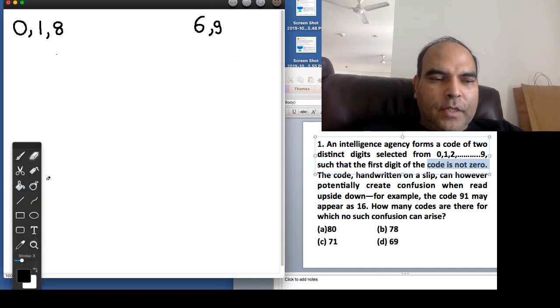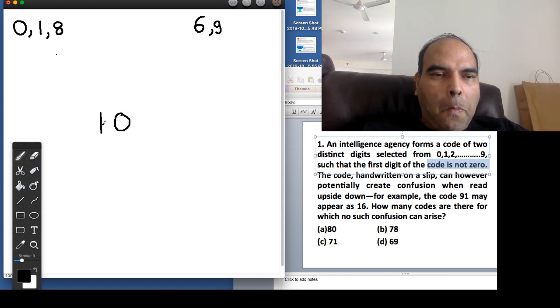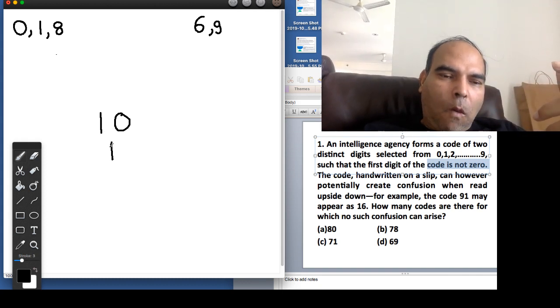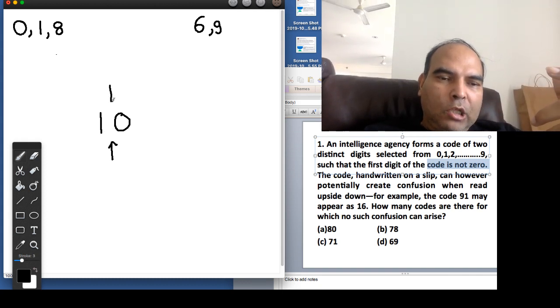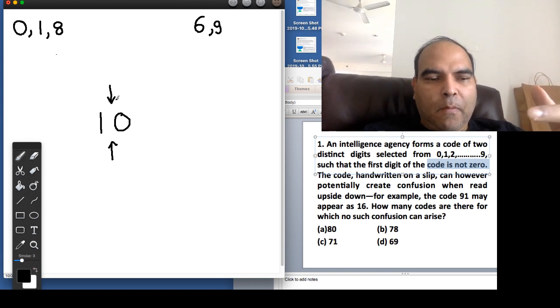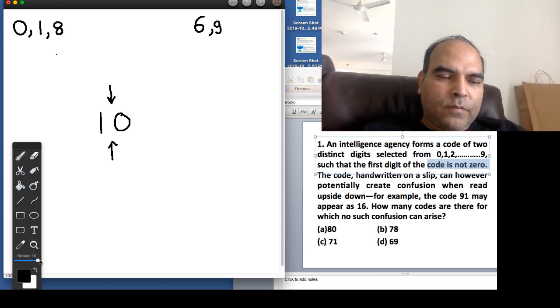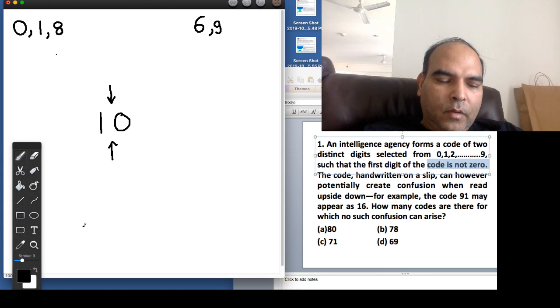That information is important because if you write a number like 10, you turn it upside down, it looks like 01. And 1 will not cause a confusion, because you know that you are having only 2-digit codes.